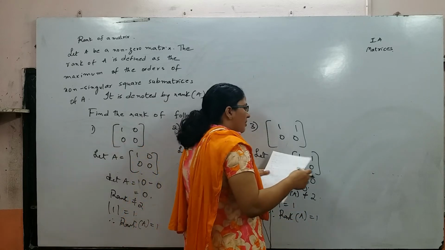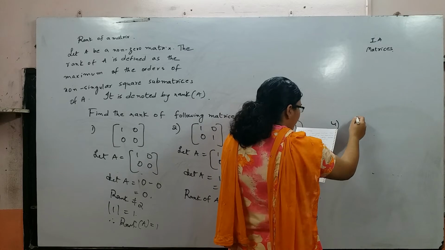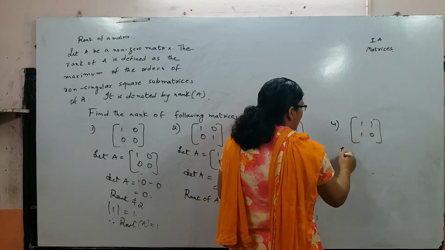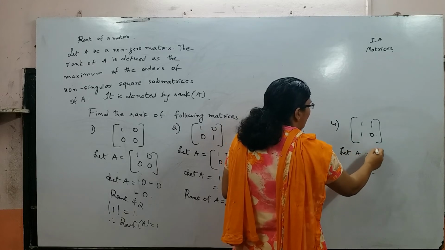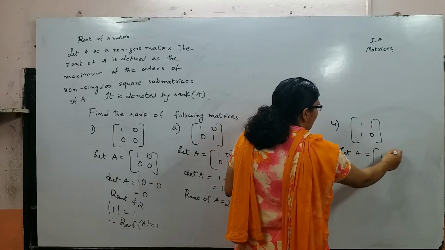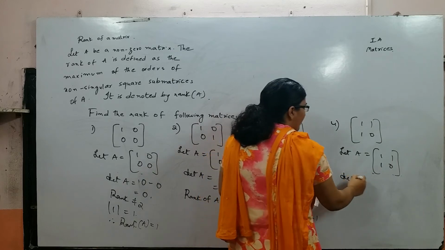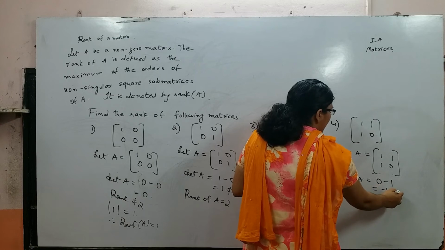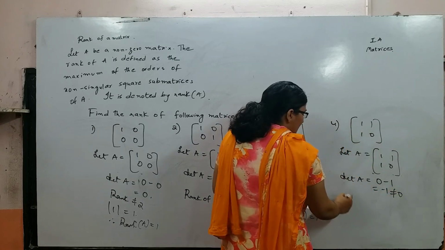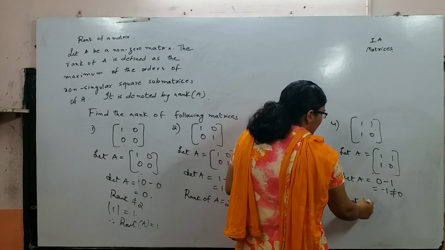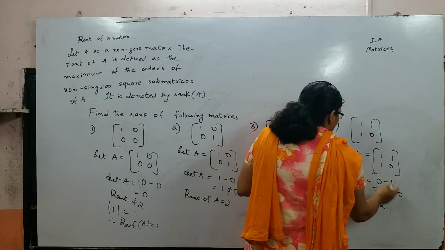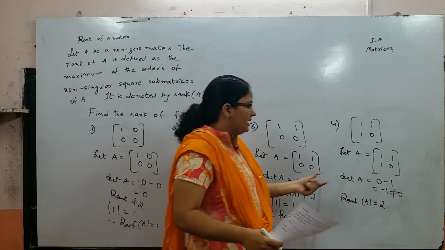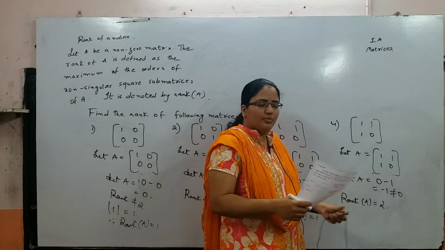Let us see the next problem. Fourth one. 1 1 1 0. Let A be 1 1 1 0. Determinant of A is equal to 0 minus 1, which is minus 1, not equal to 0. So because the determinant of A is not 0, rank of A is 2.